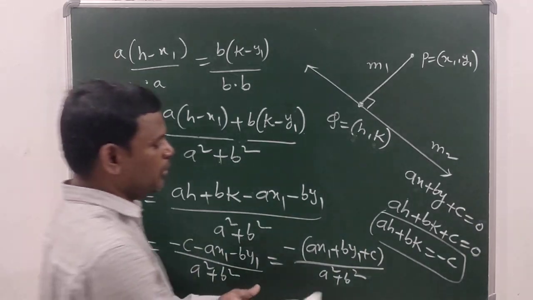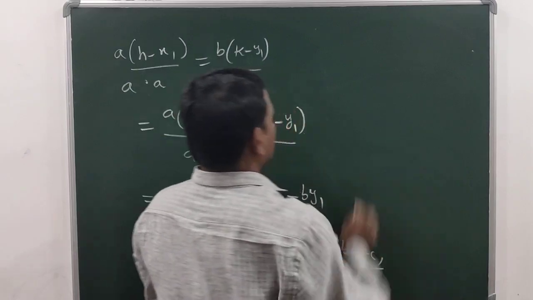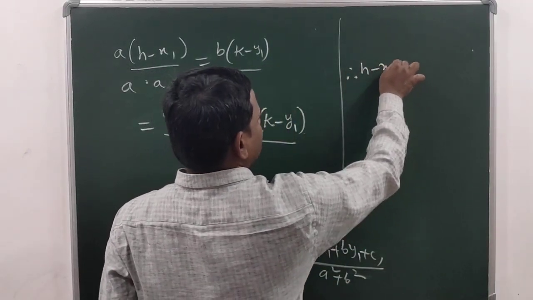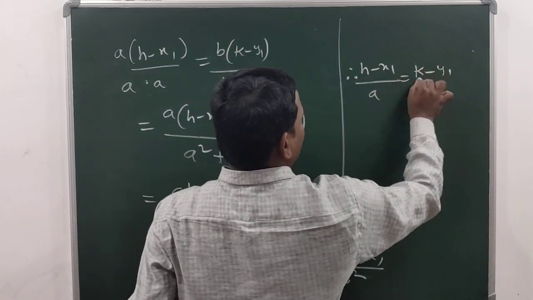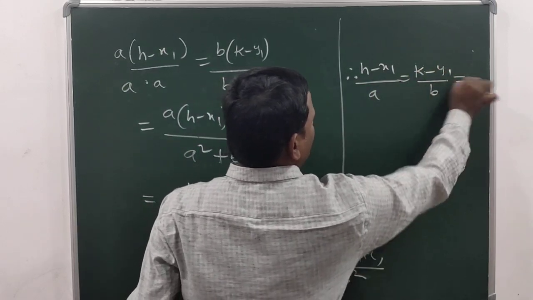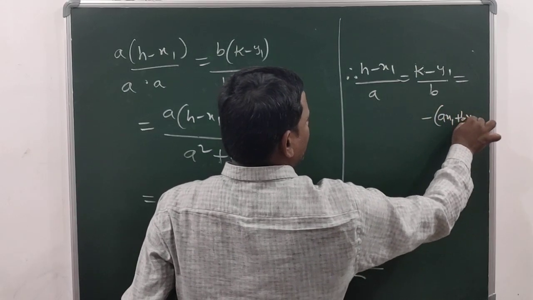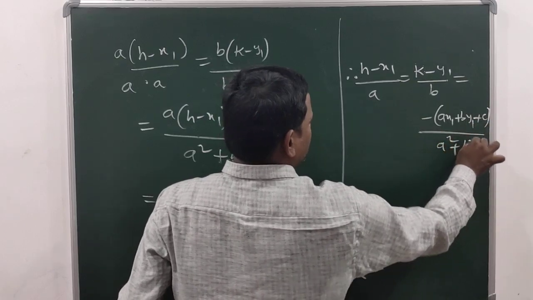So finally, what you have got? Therefore, h minus x1 by a, which is equal to k minus y1 by b, which is equal to minus of a x1 plus b y1 plus c by a square plus b square.